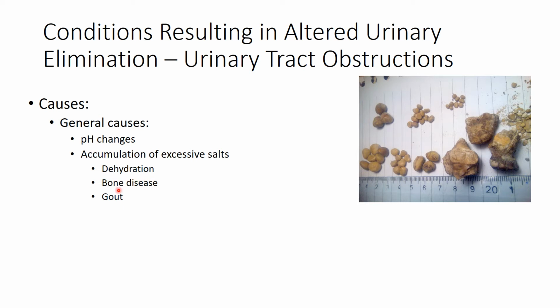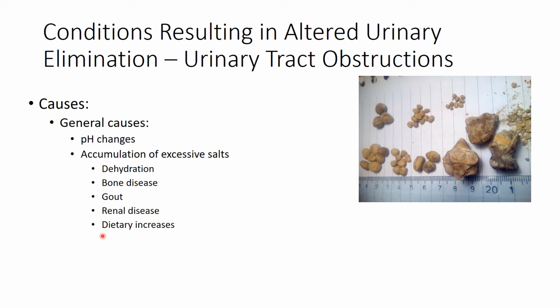Okay. Bone disease, so bone disease would be releasing more calcium, and this calcium can form crystals, and we actually see that is one of the categories of these kidney stones. And then gout. Gout is a condition in which uric acid increases to such an extent that it comes out of solution, forming crystals.